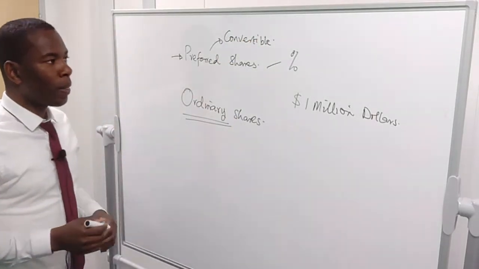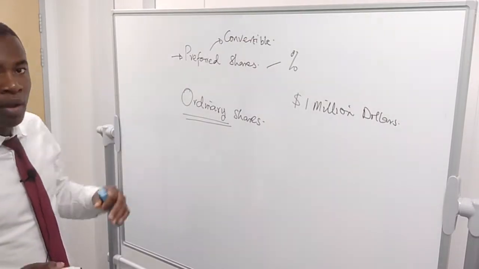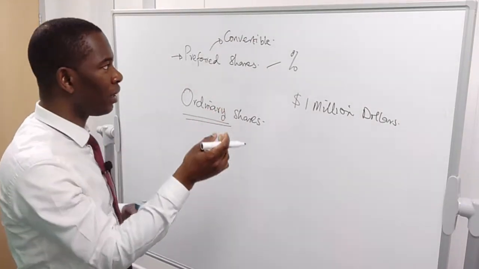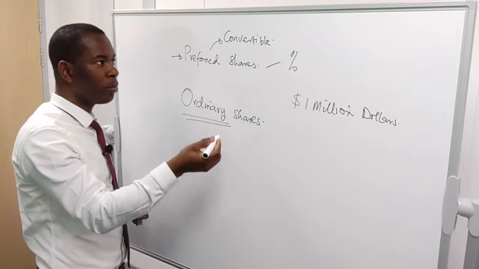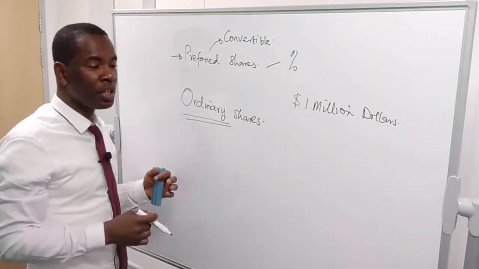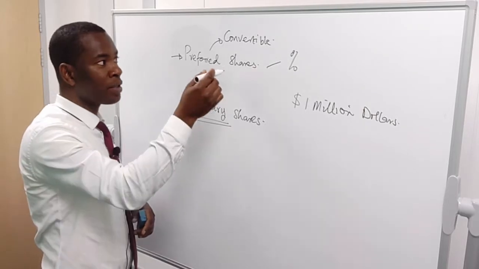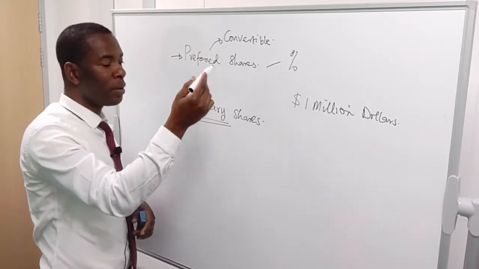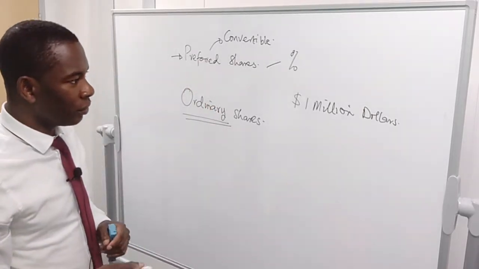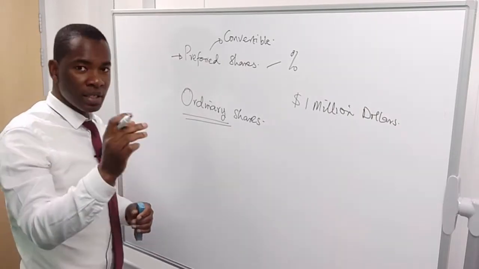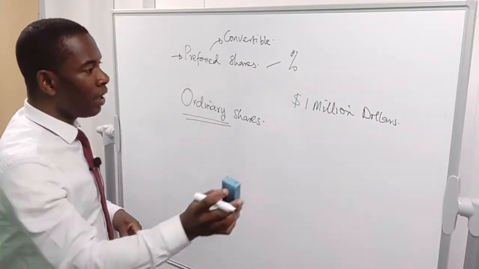So you can exercise ownership of the company if you, as a preferred shareholder, have your shares as convertible preferred shares. So that is that.